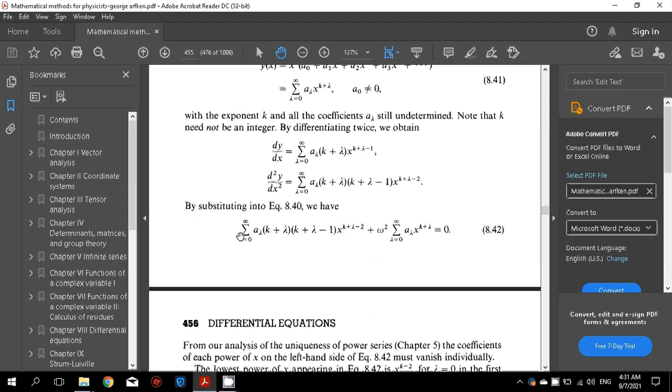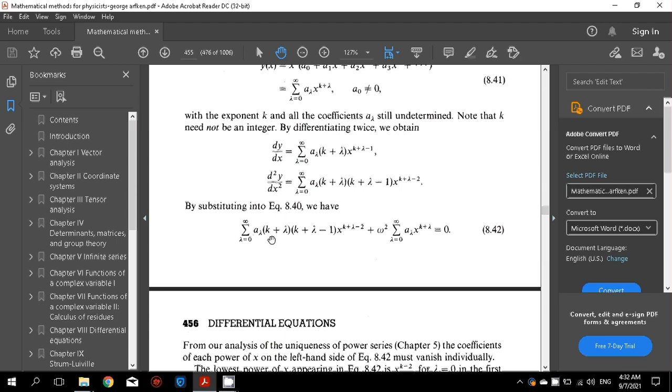In the second term, the minimum power with lambda equal to 0 is x power k, while in the first term the minimum power was x power k minus 2. So the minimum power, x to the power k minus 2, only appears in the first term, and in the second term there is no term with x power k minus 2.